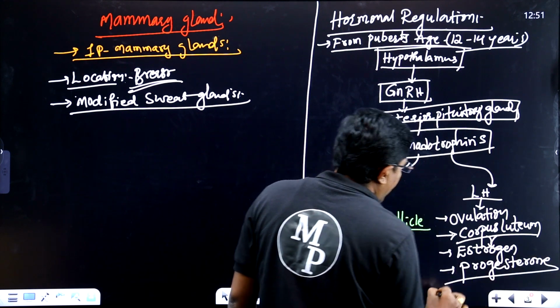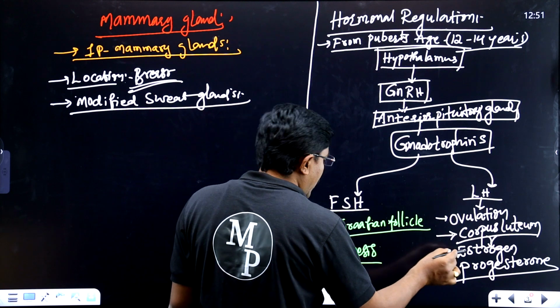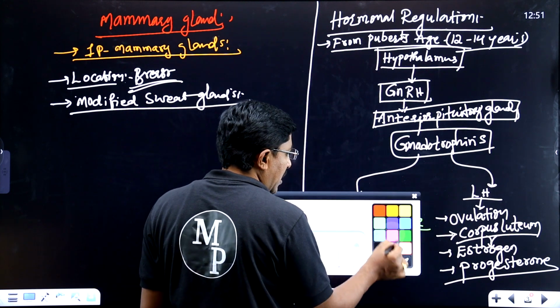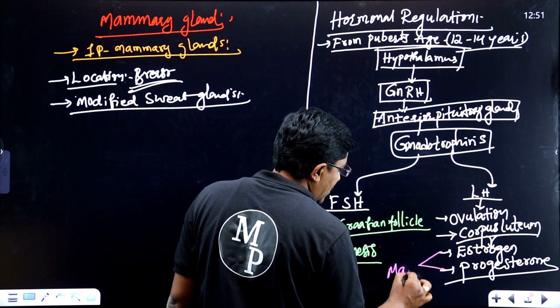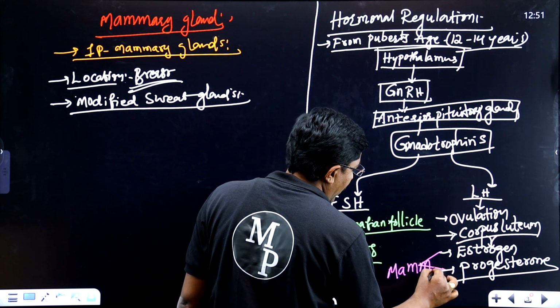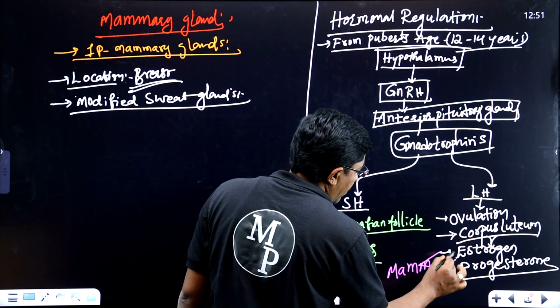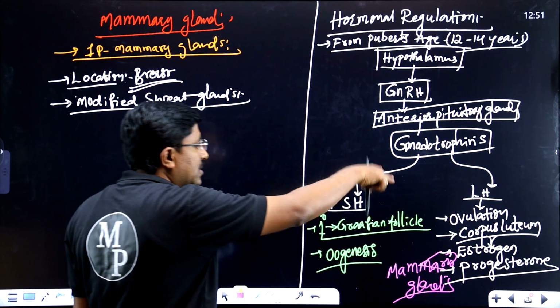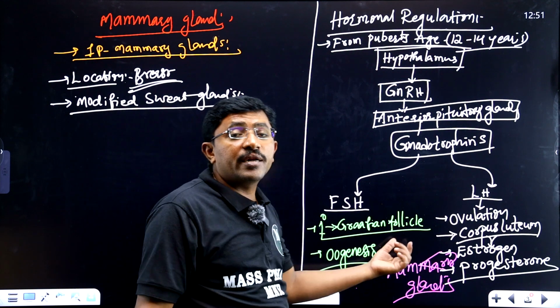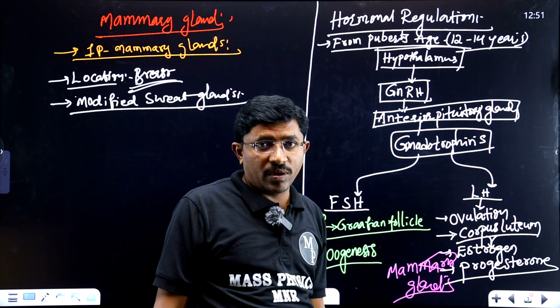The estrogen and progesterone hormones help in the development of mammary glands. This is the hormonal regulation of mammary gland development.